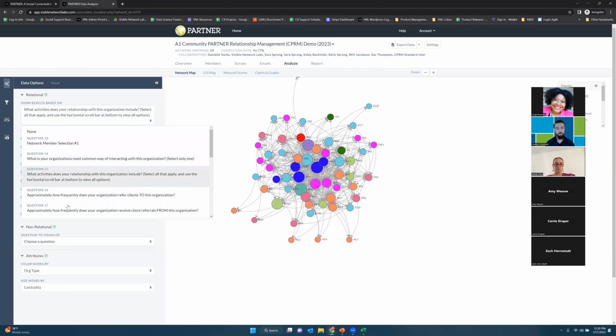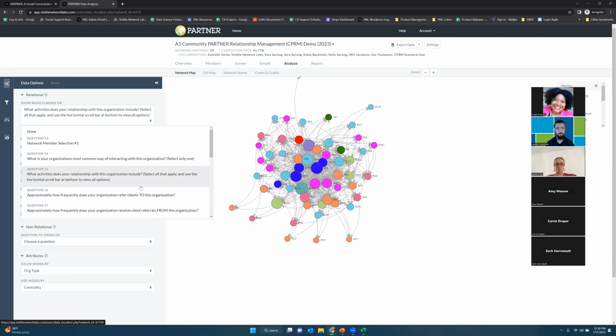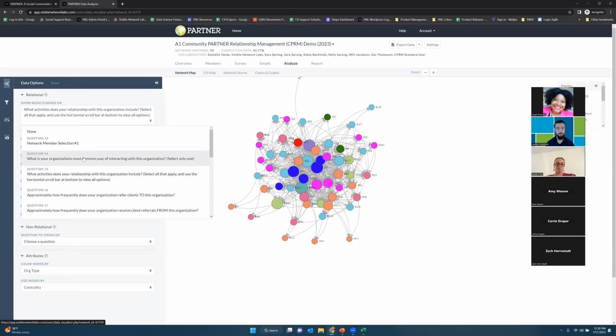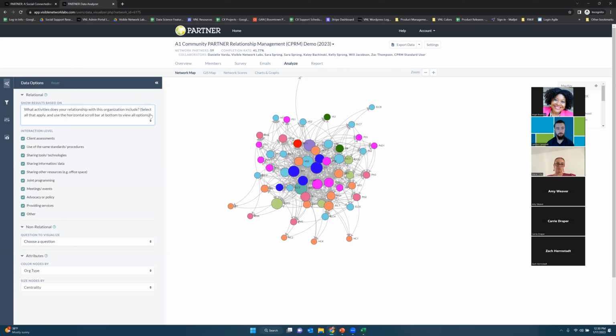So if you wanted to choose any of these, this is the level of intensity, what types of activities, frequency, all the different options that you'd want to select, you can go ahead and select any of those, right? And it's going to default to showing all at once. I clicked it a couple too many times at once, but it'll catch up to me.